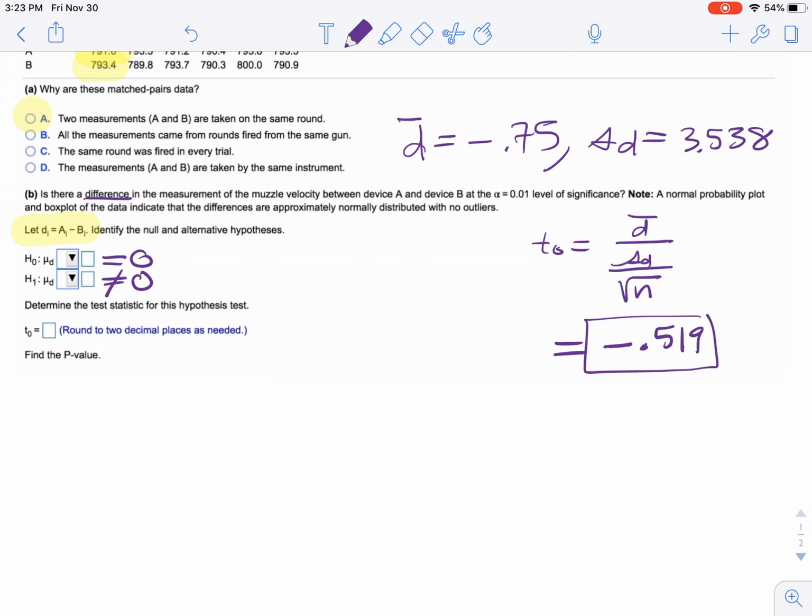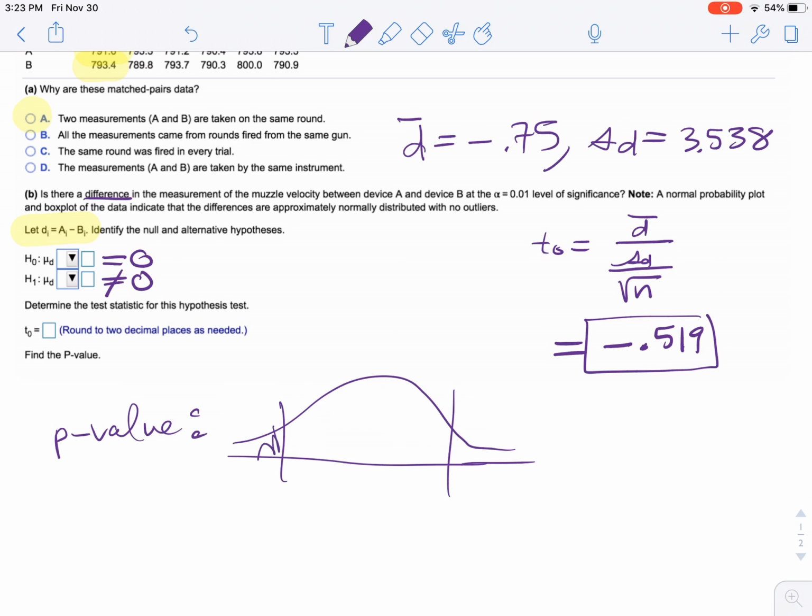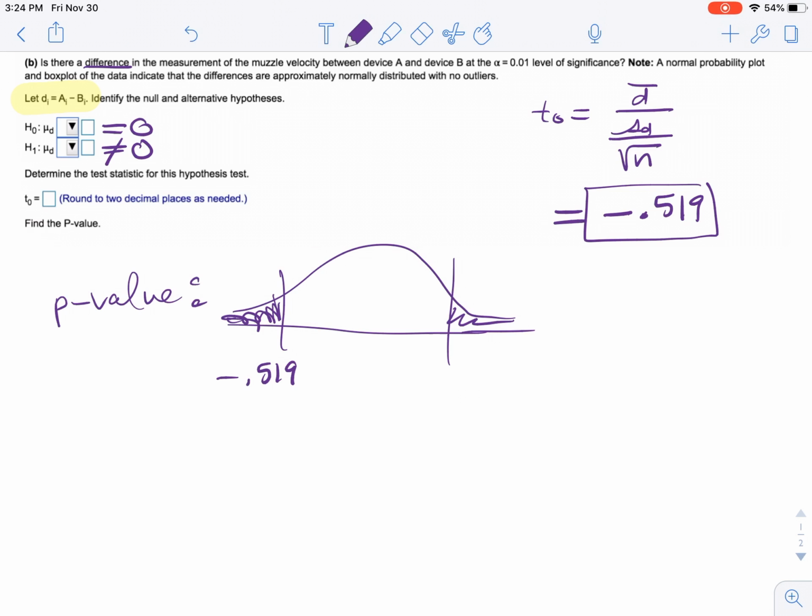For the p-value, it's a two-tailed test. So we can draw that like so, and we'll shade both sides. We'll put negative 0.519. We could say it's going to be 2 times tcdf, negative 99, to negative 0.519.